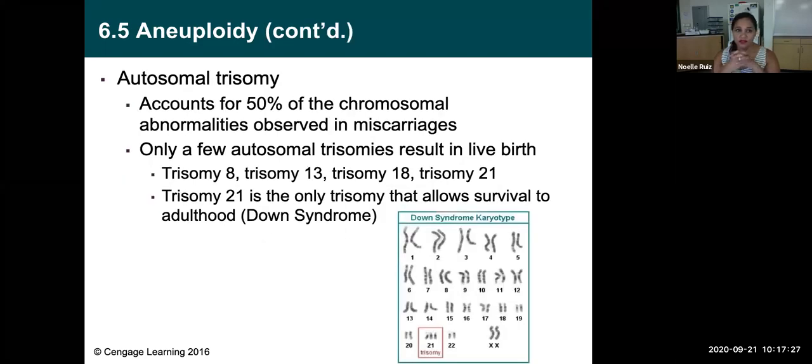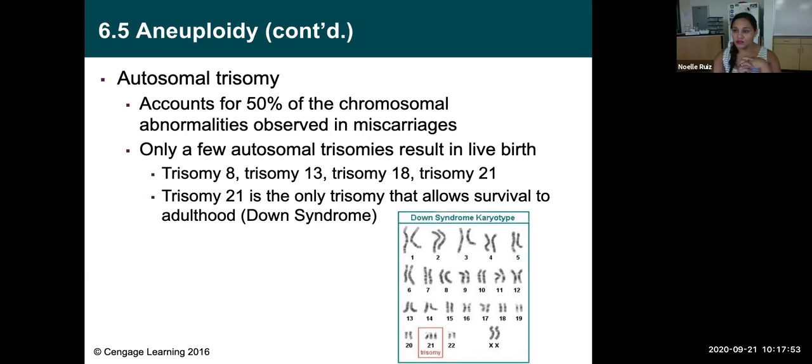Autosomal trisomy accounts for 50% of the chromosomal abnormalities observed in miscarriages. Only a few autosomal trisomies result in a live birth. 8, 13, 18, and 21 will result in a live birth. And trisomy 21 is the only one that allows survival into adulthood, and that's Down syndrome.